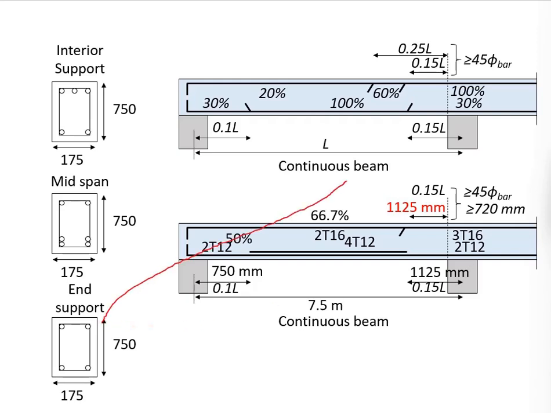Imagine you have incoming beams here and you have a column also. There will be reinforcement bar from the incoming beam and there will be reinforcement bar from the column. If you choose this same amount of reinforcement bar at the support here, you might have an issue with the congestion of the reinforcement at the joint.